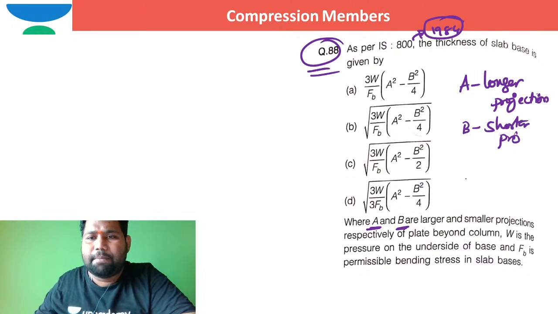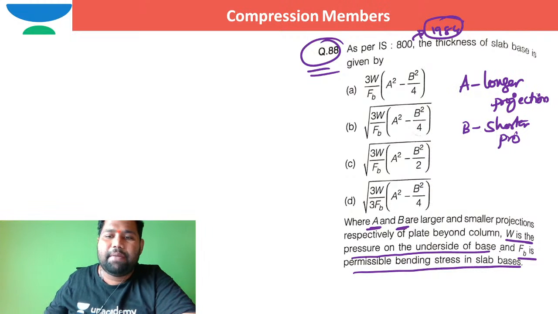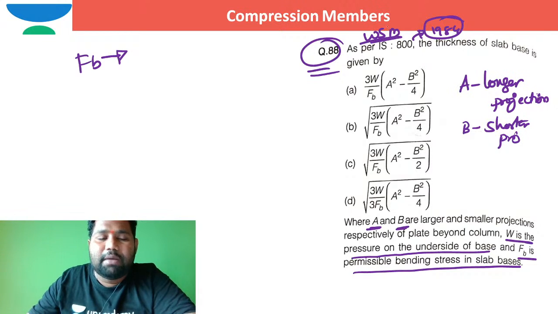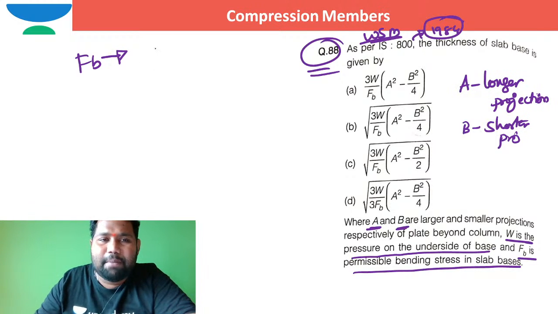If W is the pressure on the underside of the base and FB is the permissible bending stress of slab bases. What is the permissible bending stress of slab bases in the old code of practice as per working stress method? The bending stress of slab base for any type of steel, mild steel or any other type, is 185 megapascal.